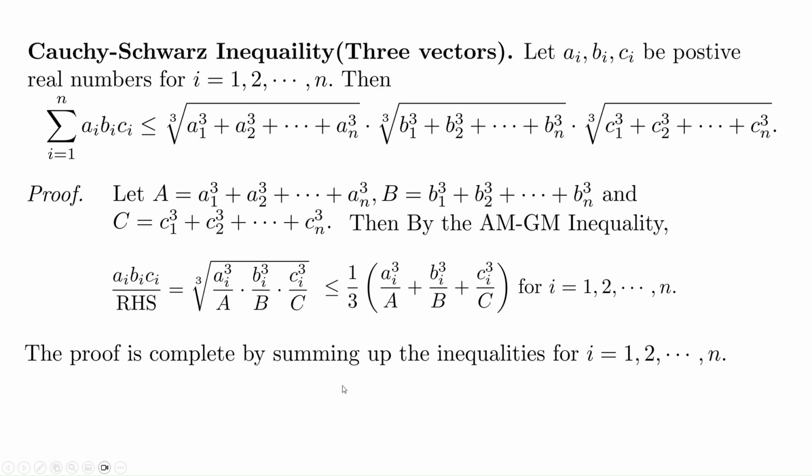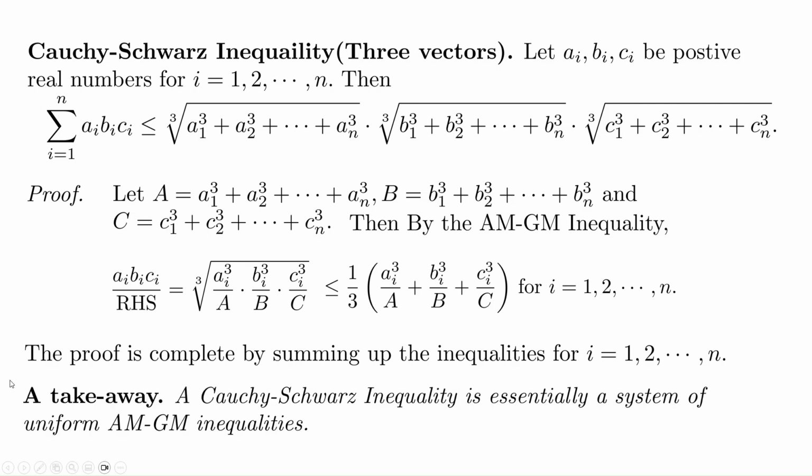And if we sum up all the inequalities for i equals 1, 2, up to n, we prove the Cauchy-Schwarz inequality for three vectors. From these two proofs, we can see how Cauchy-Schwarz is related to AM-GM. A Cauchy-Schwarz inequality is essentially a system of uniform, or homogeneous, AM-GM inequalities.